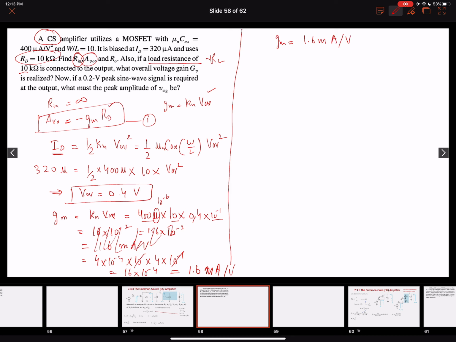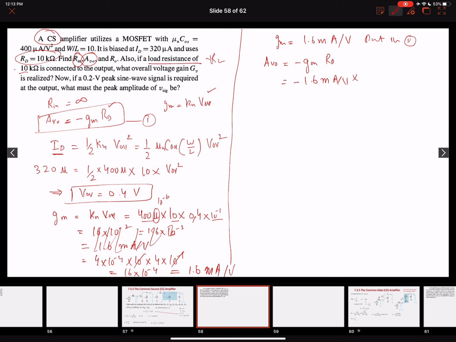We can now use this value to find the open loop voltage gain. I can put this value in equation 1. AV naught is equal to minus GM into RD, so minus 1.6 milliamperes per volt into RD.